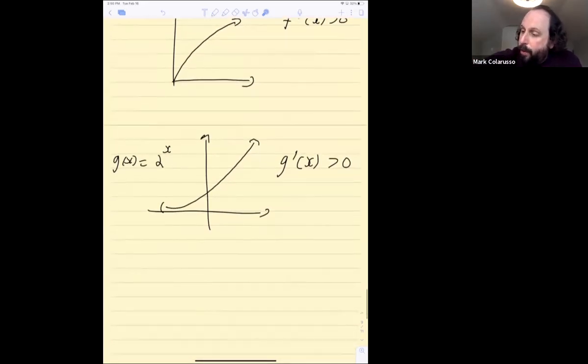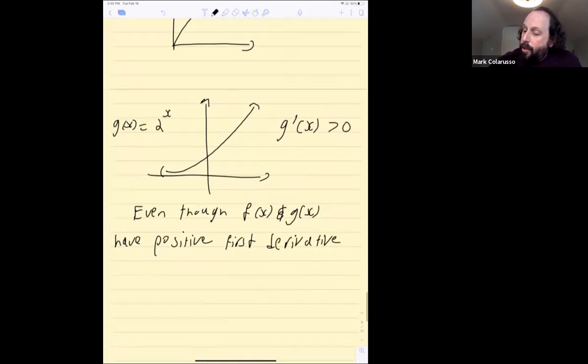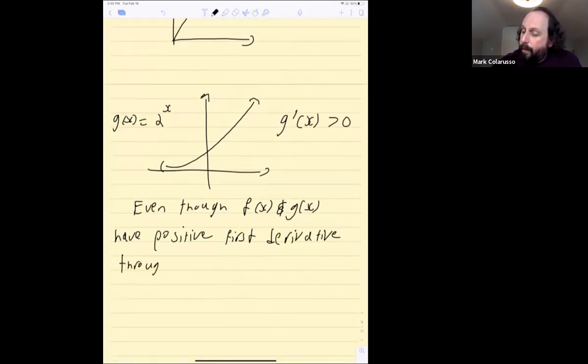So even though f of x and g of x have positive first derivative throughout their domains, their graphs are very different.